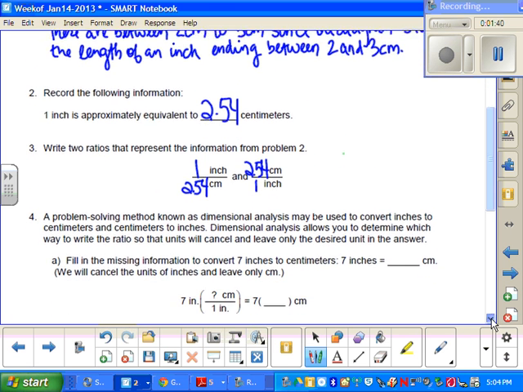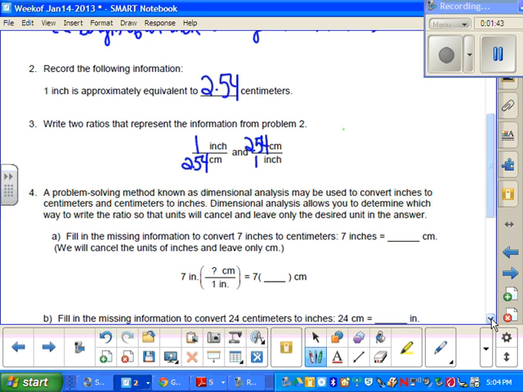So reading on number 4, a problem-solving method known as dimensional analysis may be used to convert inches to centimeters and centimeters to inches. Dimensional analysis allows you to determine which way to write the ratio so the units will cancel and leave only the desired unit in the answer. So let's look at an example. If we have 7 inches and we want to know how many centimeters we have, that's our question, we can fill in the question mark there by centimeters and put in 2.54.